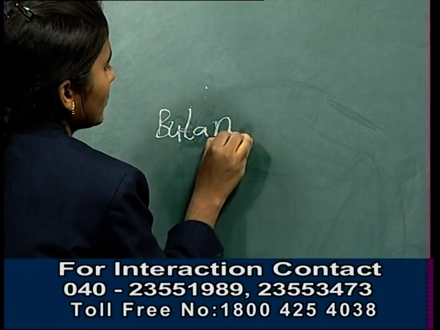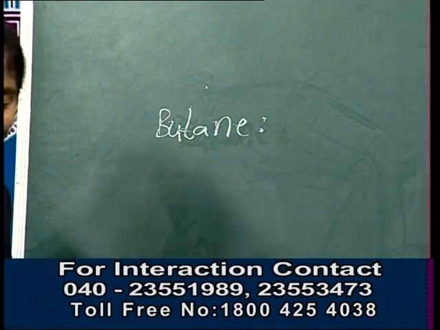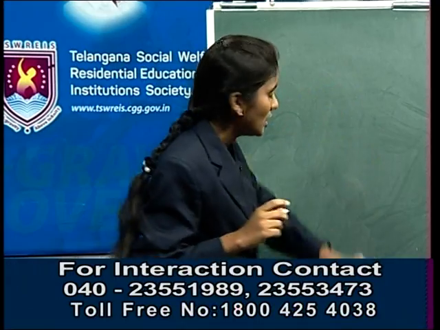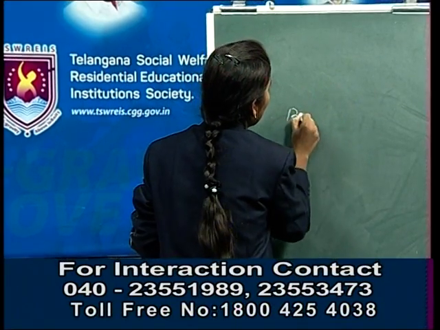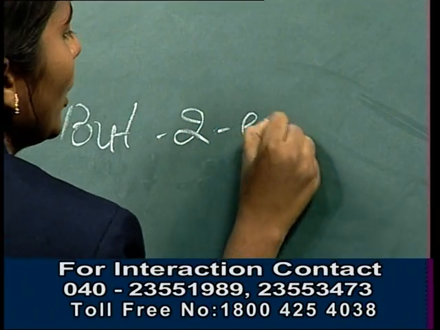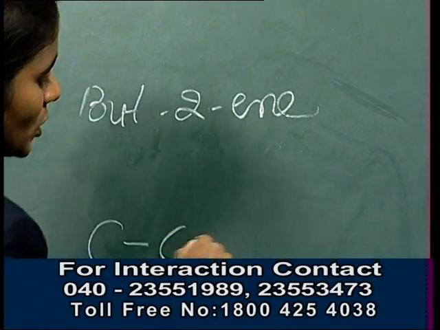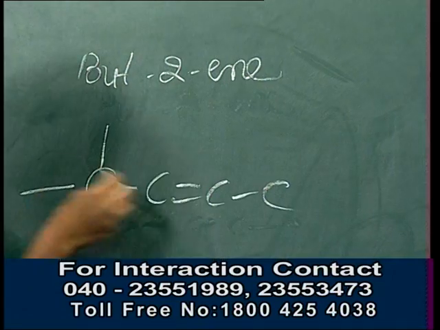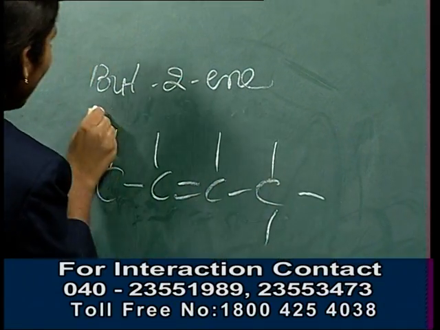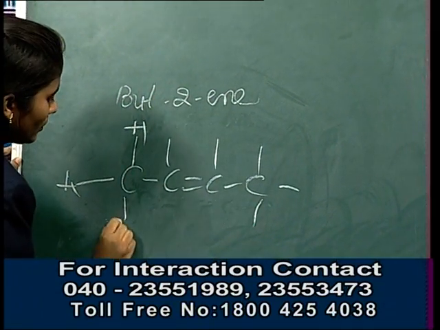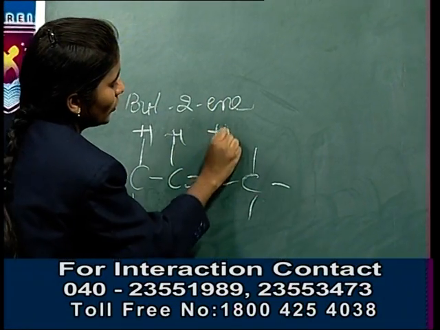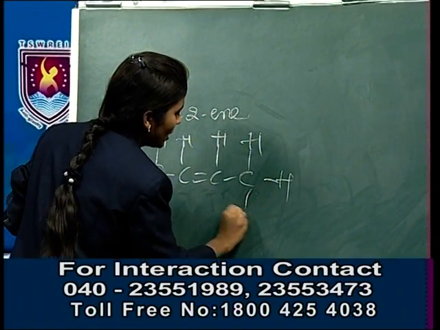So friends, here for example, butene. Butene, already you know, this is a very simple question. So for example, we take butene. Already you know why we call it butene here. For example, here C4. How many hydrogens? 1, 2, 3, 4, 5, 6, 7 and 8.